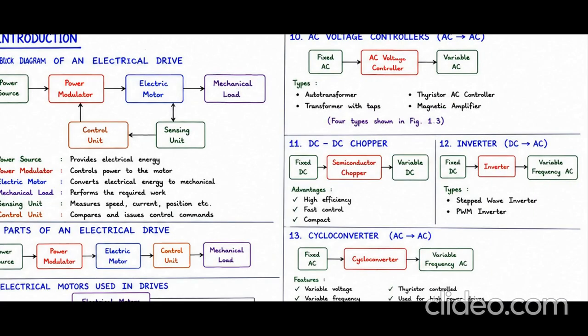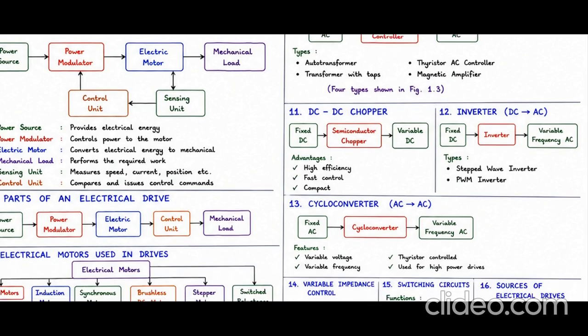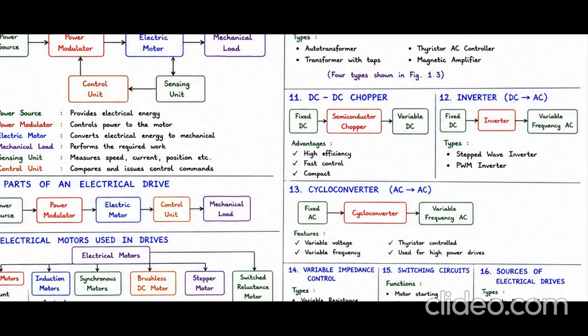Next, we look into the section of DC choppers, inverters, and cycloconverters. A DC chopper is capable of delivering a variable DC voltage from a fixed DC supply. The advantages of it are high efficiency, fast control, and compactness.